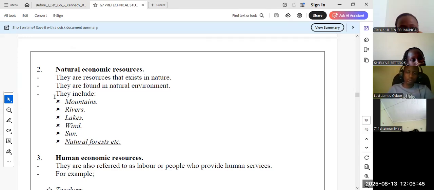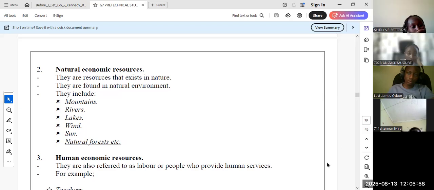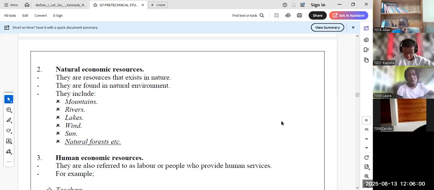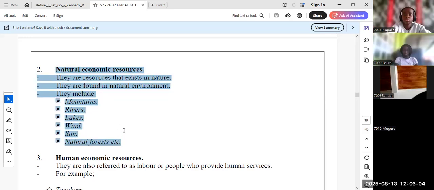Mountains. Njeri Munga, give me an example of a mountain in Kenya. Mount Kenya, nice. Shannon, give me an example of a river in Kenya. River Tana, great. Laura, give me an example of a lake in Kenya.